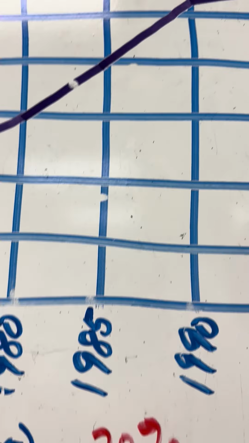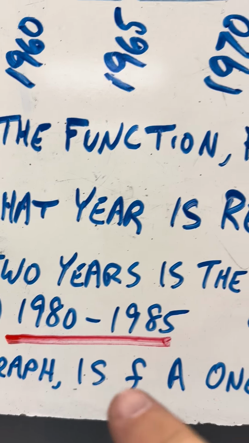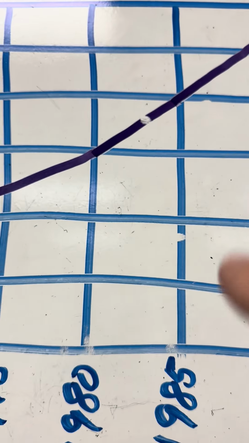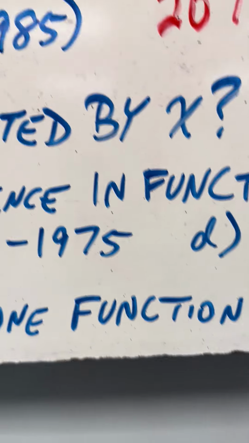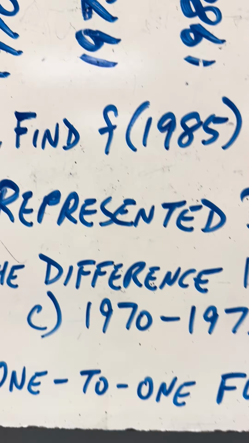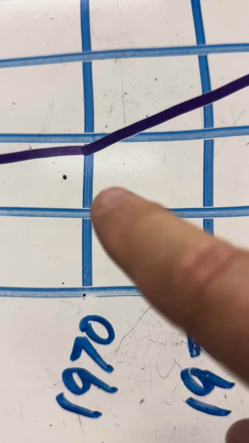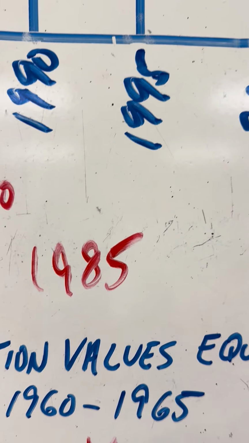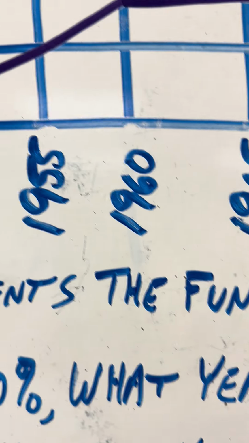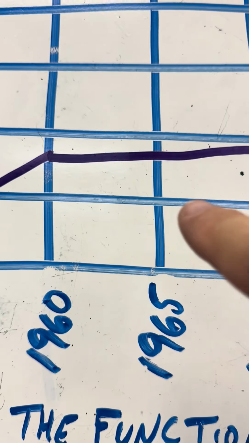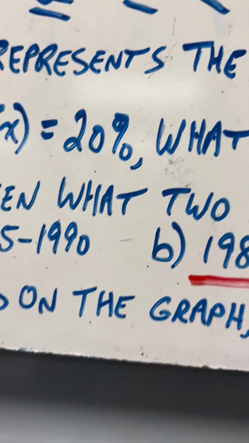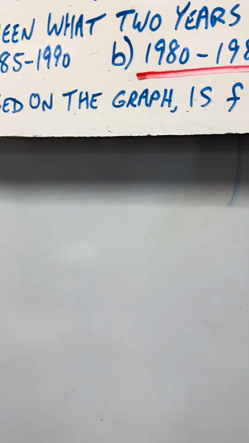No good. Okay. 1980 to 1985. Look, from here to here, it's exactly 5%. That's your answer. Look, 70 to 75. That is not 5%. 60 to 65. Definitely not 5%. There's no increase there. Okay, so your answer is B.